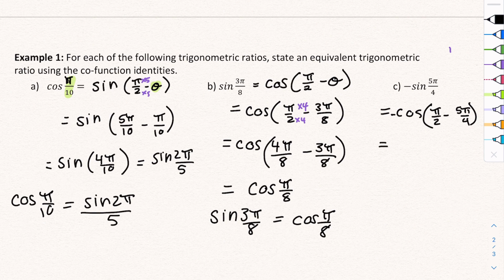So this is going to equal negative cos of 2 pi over 4 minus 5 pi over 4. So we're left with cos 3 pi over 4. So there's our equivalent.